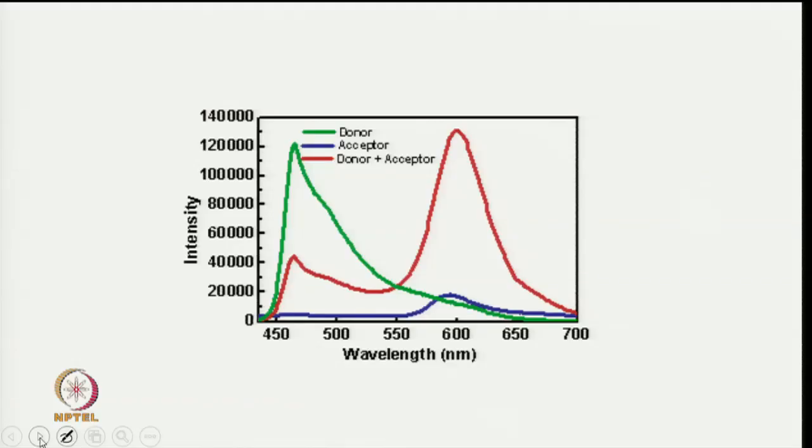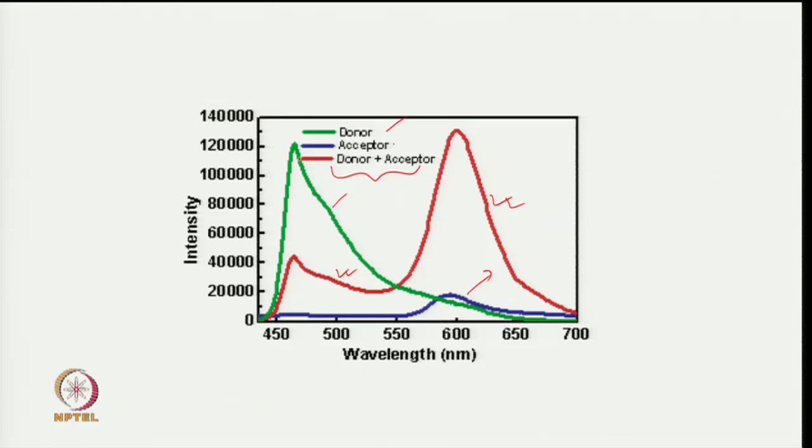Here is the fluorescence intensity of donor when there is no acceptor. This is the fluorescence intensity of acceptor when there is no donor, and when donor and acceptor are present together, then you can see the emission spectra of donor and acceptor.